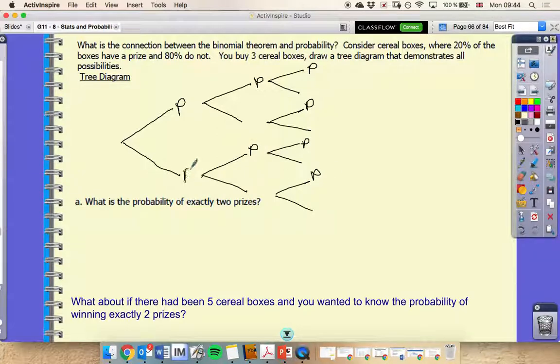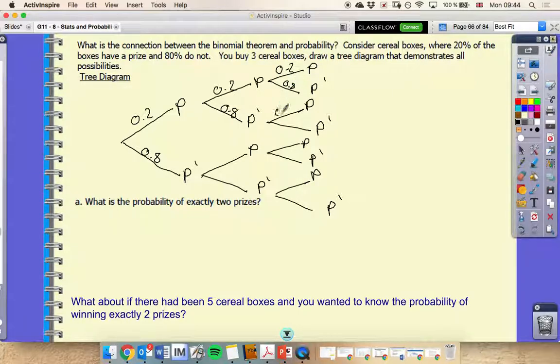So I'll do P and then this prime symbol. What's the name of this prime symbol in probability? Complement. Complement, yeah, good. Obviously, we know that it means the opposite of getting a prize, but yeah, it's the complement.